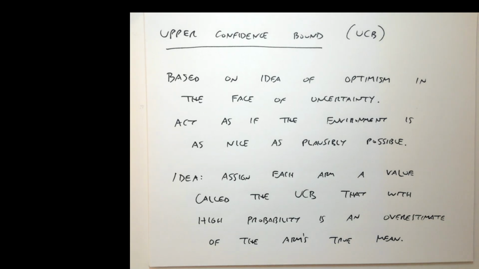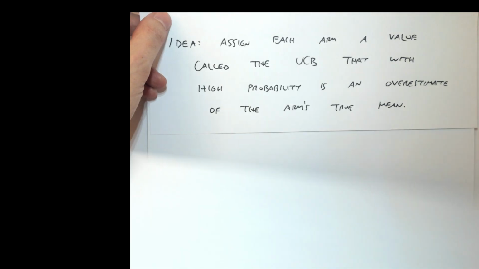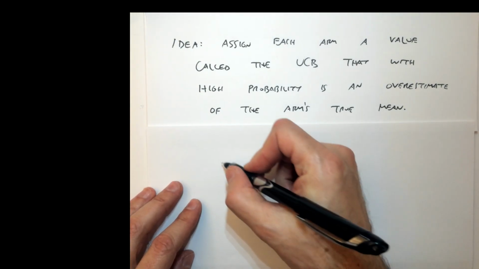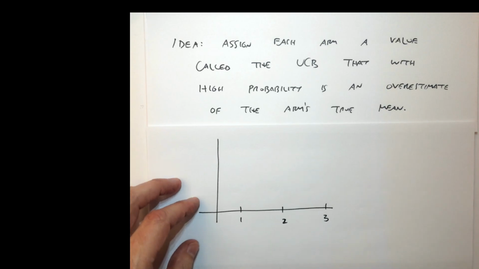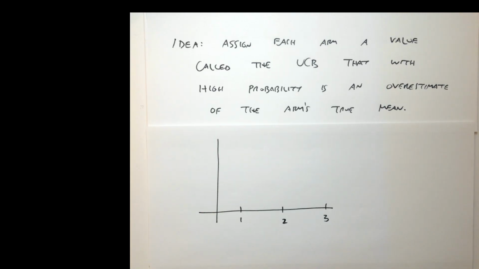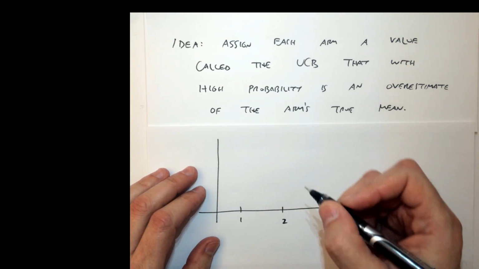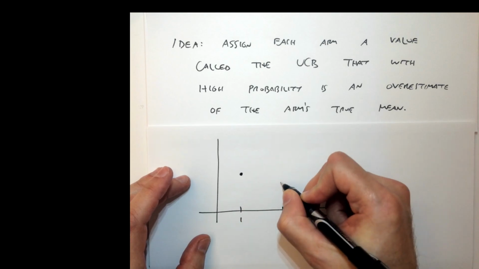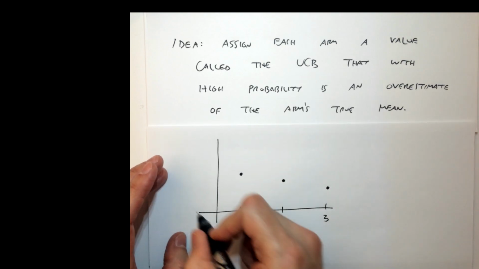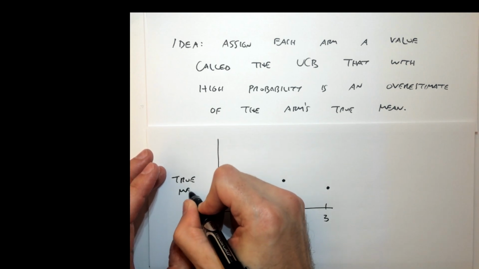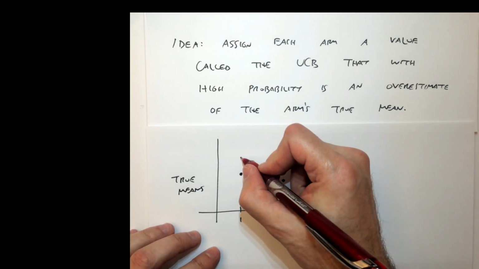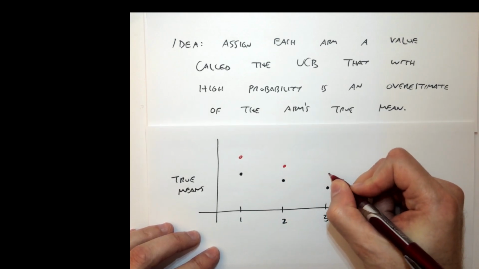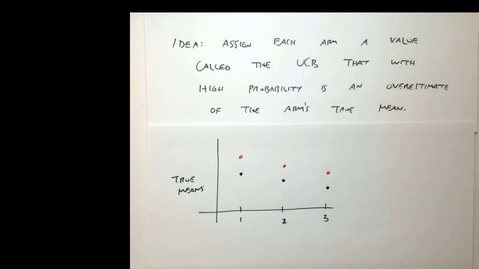So let's suppose we have 3 arms, arms 1, 2, 3. Say these are the true means, like this. Then my upper confidence bound is basically trying to say, well, after I've observed the data, the mean cannot possibly be any bigger than this, right?